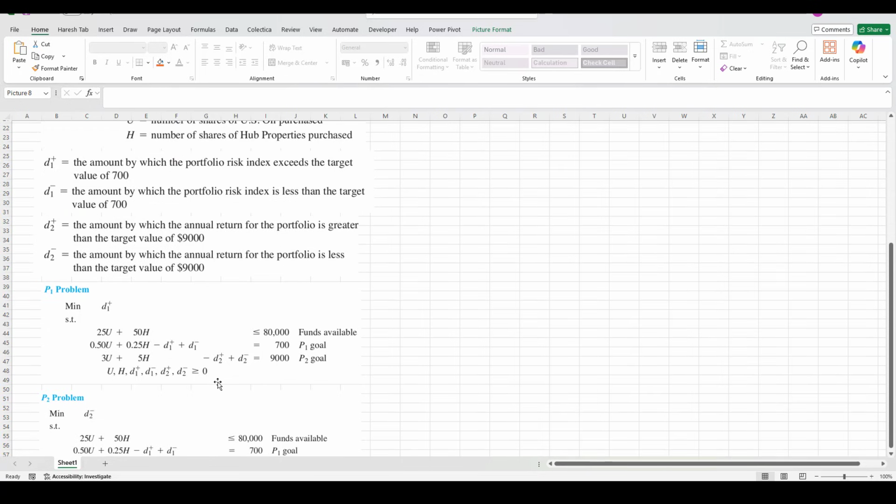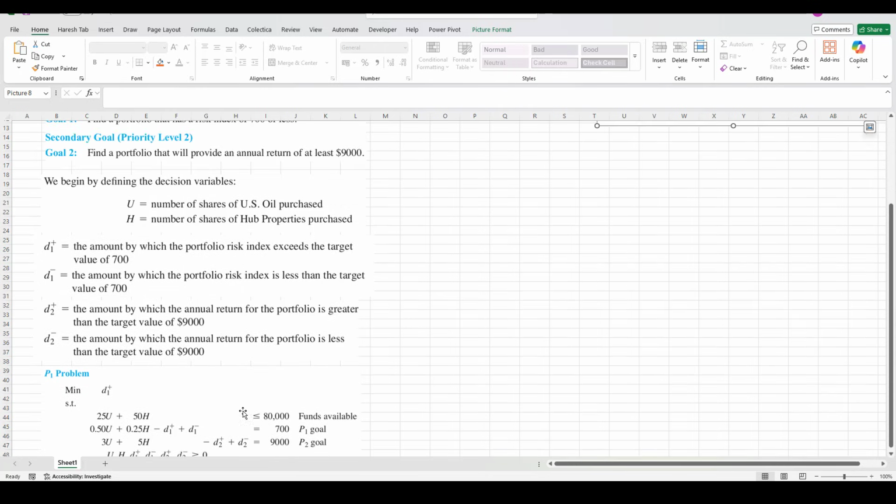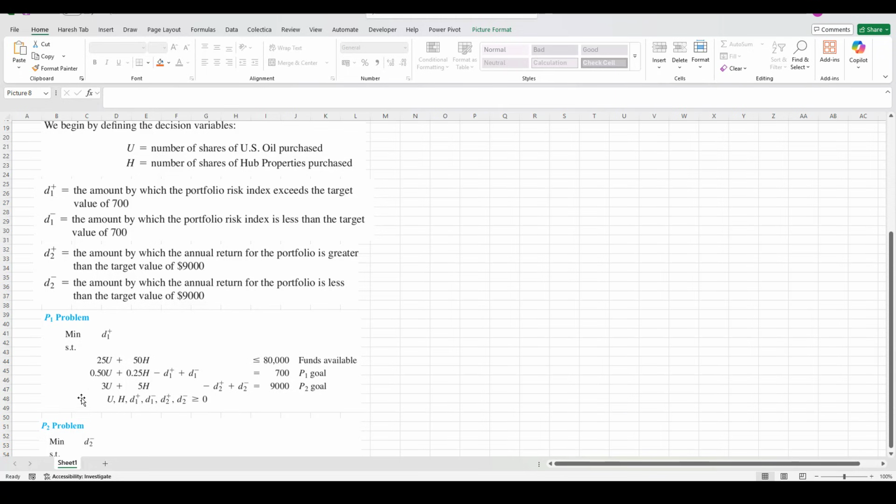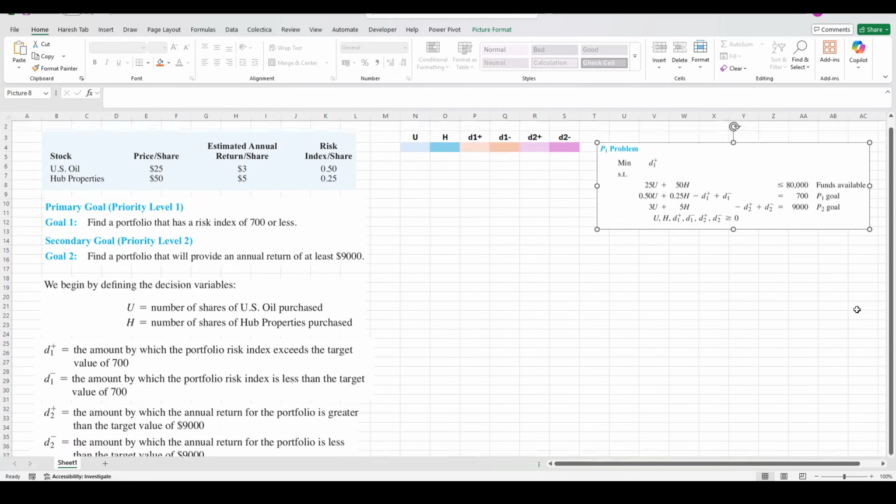You will find more explanation in my other videos, where I have explained in detail how to arrive at this particular model. But now that this model is ready, how to solve it is the aim of this video. So I am copying the first model, the P1 problem, here.